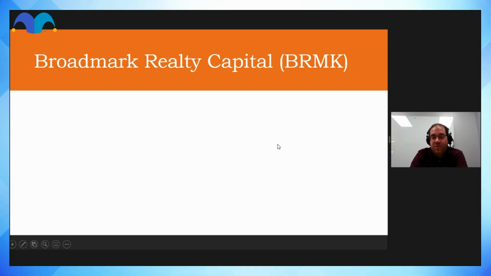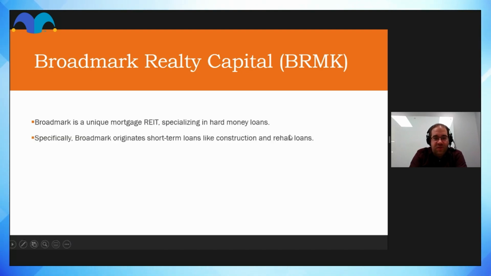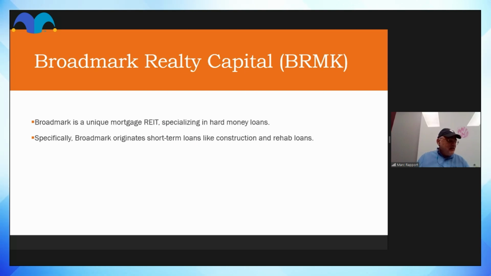And here's the ticker symbol, BRMK. Someone asked that earlier. So you already mentioned what they do a little bit. Broadmark specializes in hard money loans. Think of these as short-term loans for construction projects. I think what you mentioned, a mall. Even smaller than that. There was a $1.5 million spec home in Utah that a builder was building.